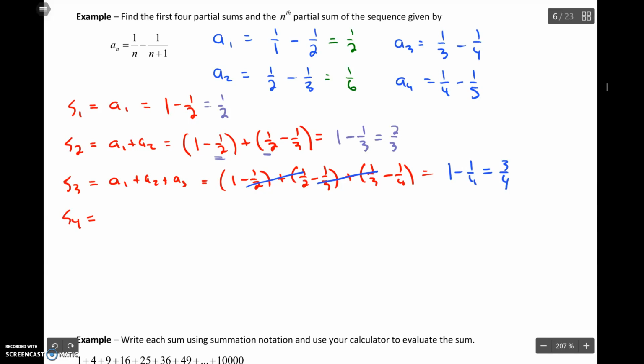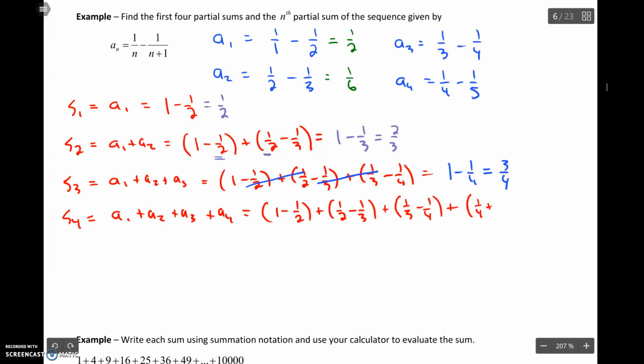S sub 4, a1 plus a2 plus a3 plus a4. I think you guys are kind of seeing the pattern here. I think these are called a telescoping sequence or telescoping series. I'm not even really sure. But basically, you're kind of getting the inside terms to cancel out. Cancel, cancel, cancel. 1 minus 1/5, which is 4/5.